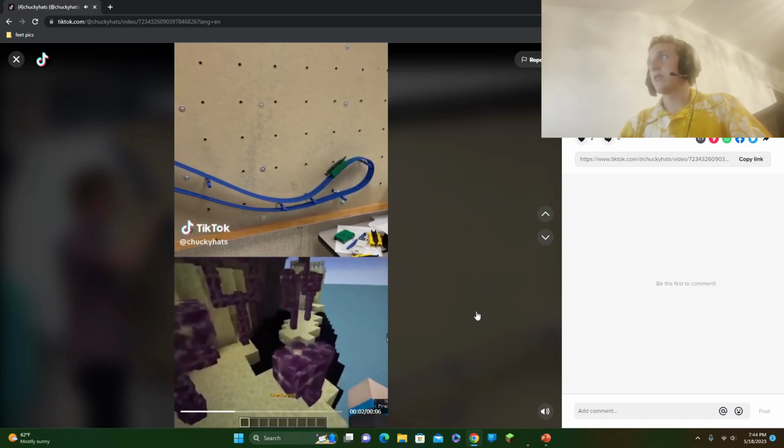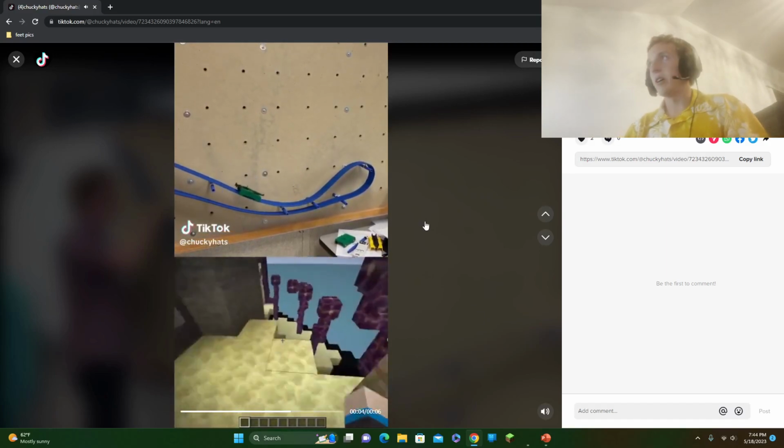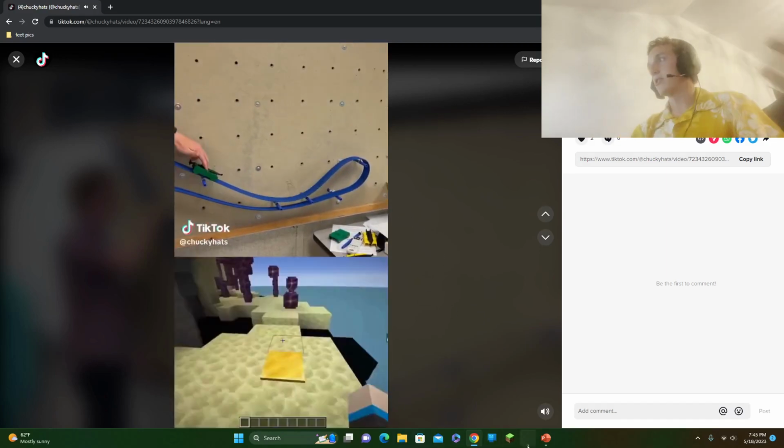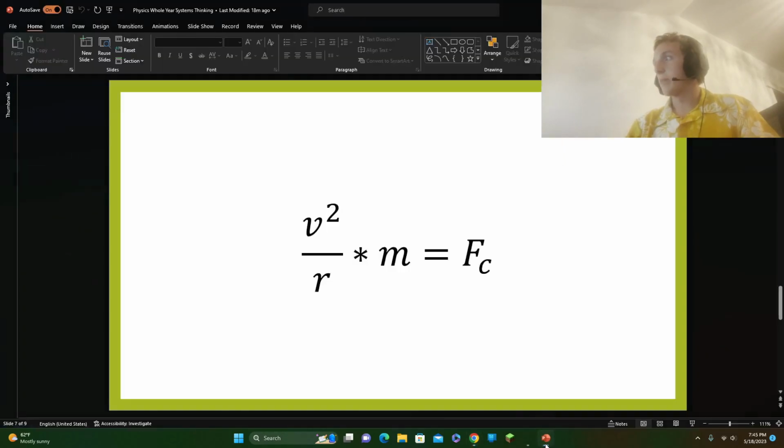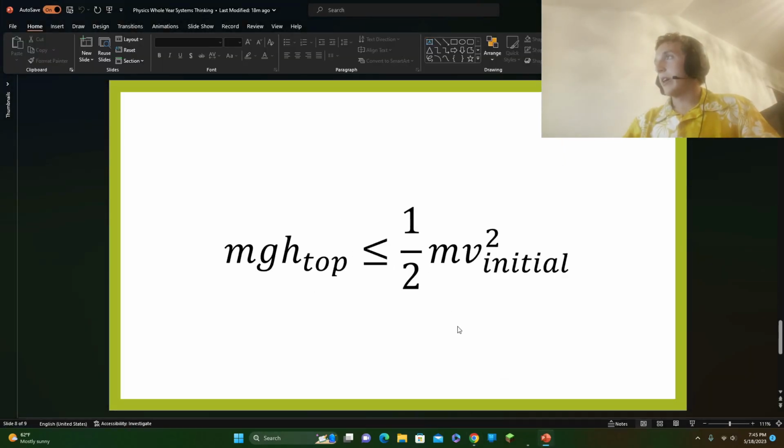And now we get to the final bump here. One potential failure point is that there's not enough speed to get over the bump. We can find out how much speed it has, again, through conservation of energy. Initially, the cart is going to have some kinetic energy plus some gravitational potential energy. I didn't put that there, but it does exist.